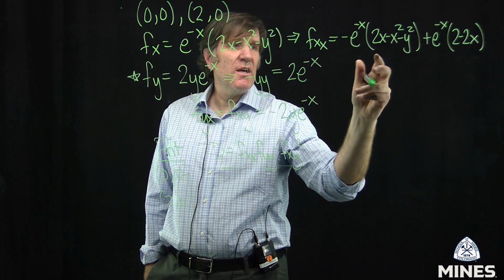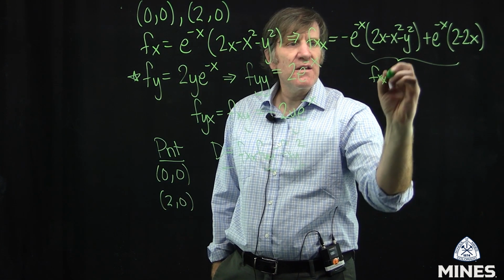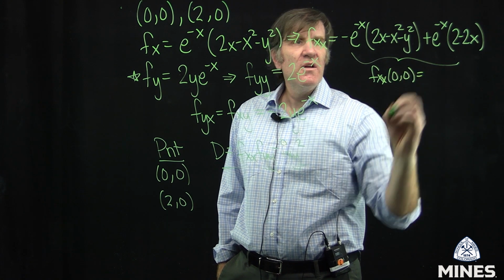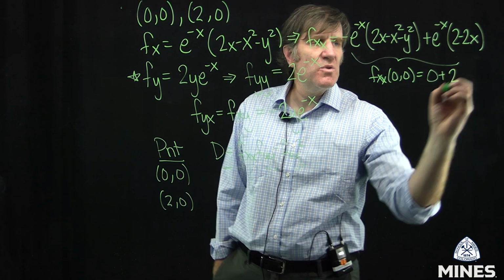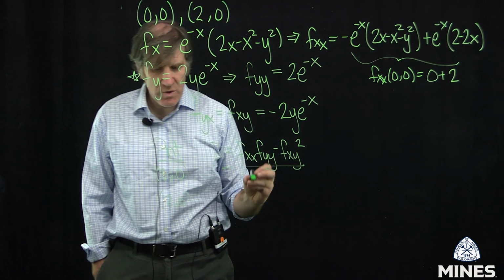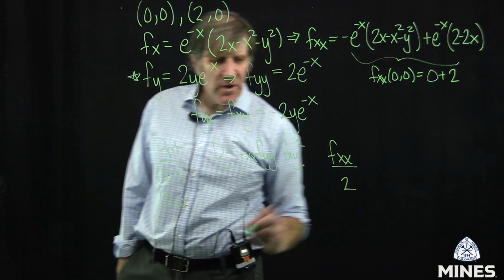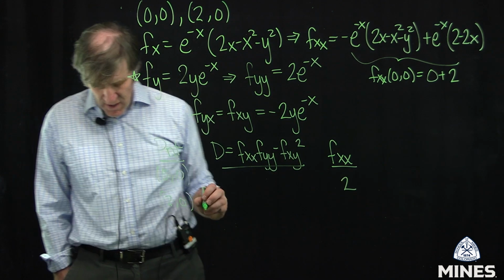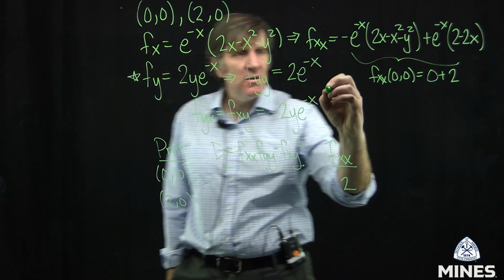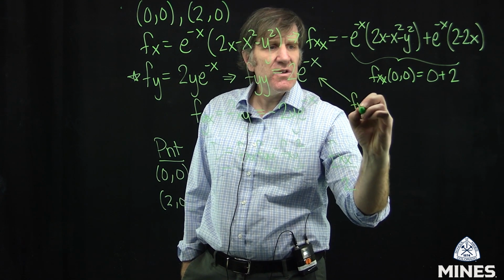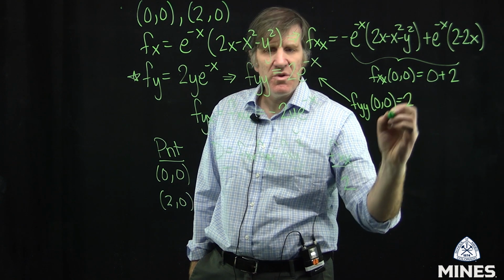So I plug in here: f sub xx at 0, 0 looks like 0 plus 2 e to the 0, so 0 plus 2. I'm going to put that in my table as well. I need f sub yy at 0, 0, which is also 2.